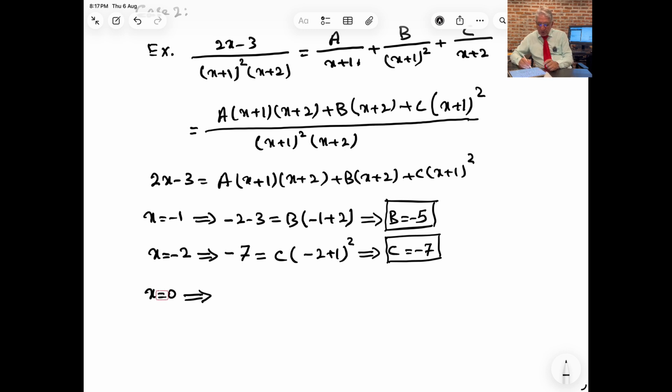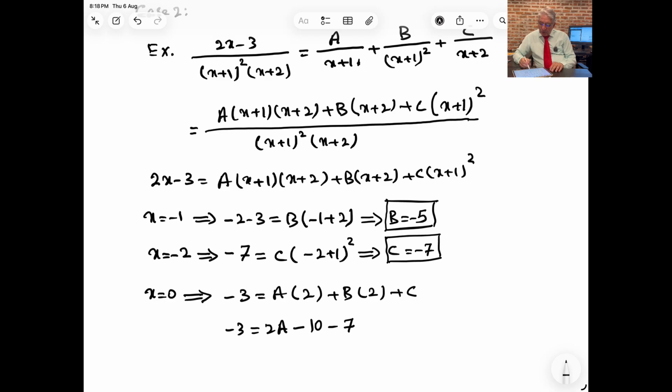If x is equal to 0, the left hand side will be negative 3. The right hand side will be A times 1 times 2, which is 2A, plus B times again 2, plus C times 1. Therefore, this is my expression. Now, I know B and C, so I can find A. Negative 3 is equal to 2A plus 2 times B. 2 times B is 2 times negative 5, which is negative 10, plus C, which is negative 7.